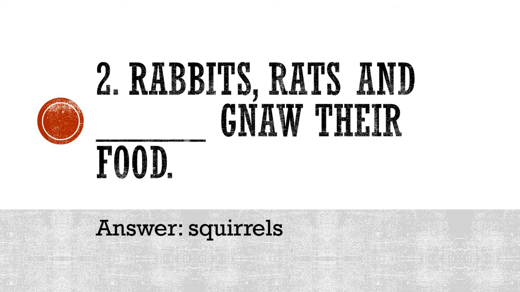And here the answer is squirrels. This way I have twisted this question by adding squirrel into the blank part and making the answer gnaw part of the question. When you write the answer in the exam, make sure that the spelling of squirrels is correct.